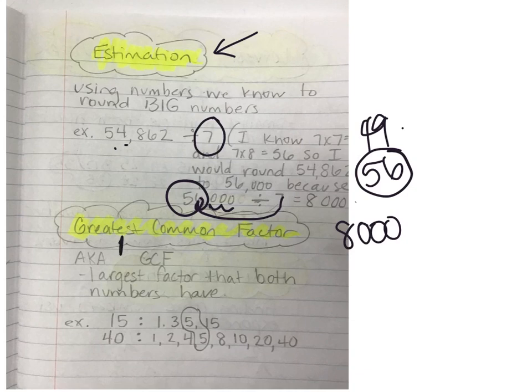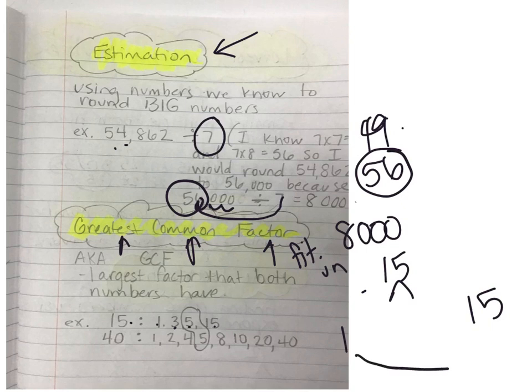Greatest common factor, aka GCF. Greatest means the largest, big. Common means the same. Factor means to fit in. So the largest number that they both fit into. So for 15 and 40, you need to find all the factors for 15. 1, 3, 5, 15. Now I did it different this way. I've been really telling you guys to do the rainbow, where it's like this, 1 and 15.